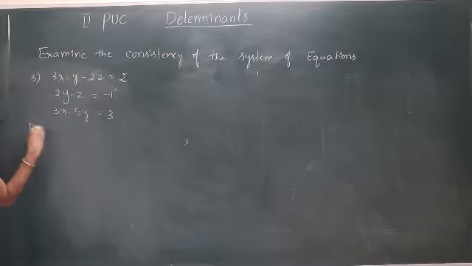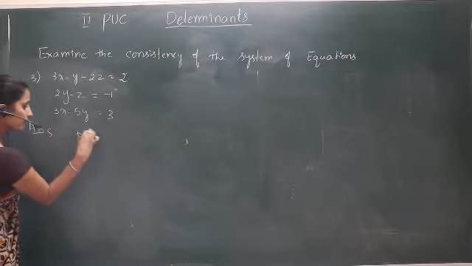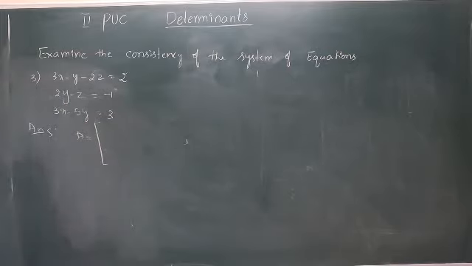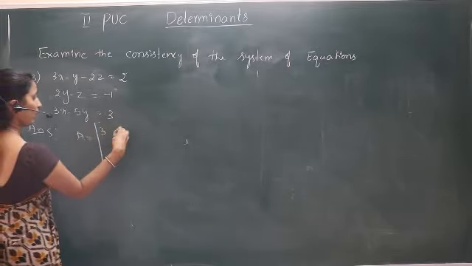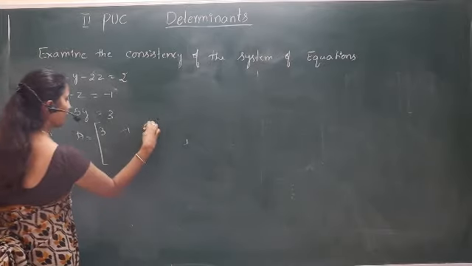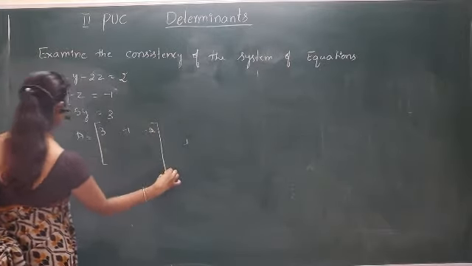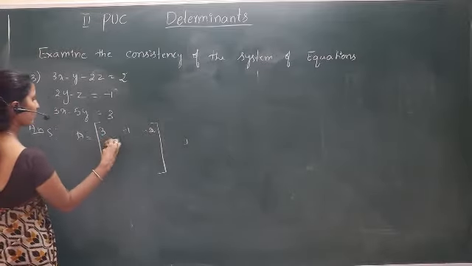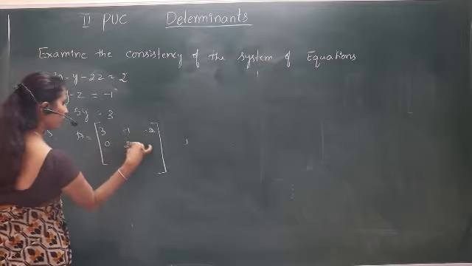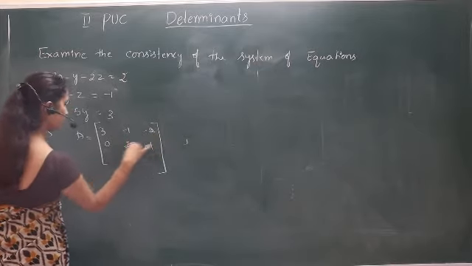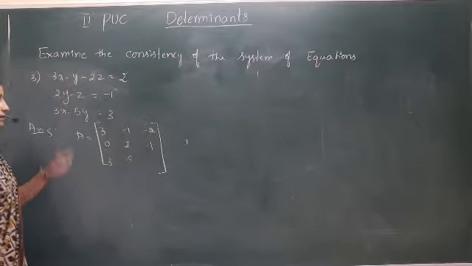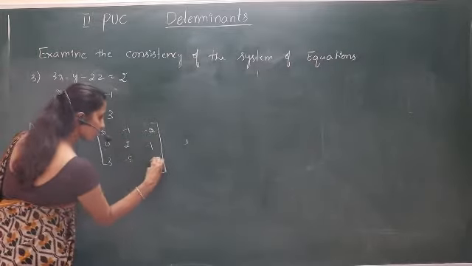So first we write it as a matrix. A is equal to, now it's a 3 by 3: 3, minus 1, minus 2. There is no x term in the second equation, so the coefficient of x is 0, then 2, minus 1, then 3, minus 5, and there is no z term, so that is also 0.